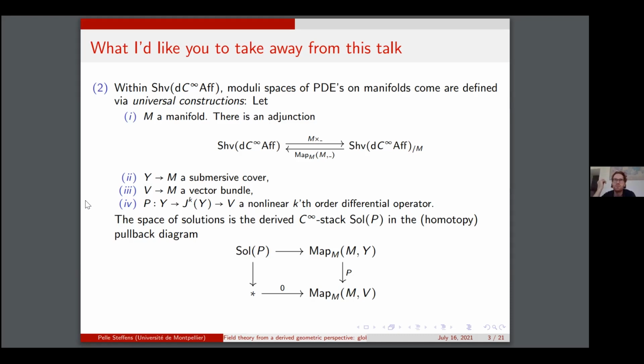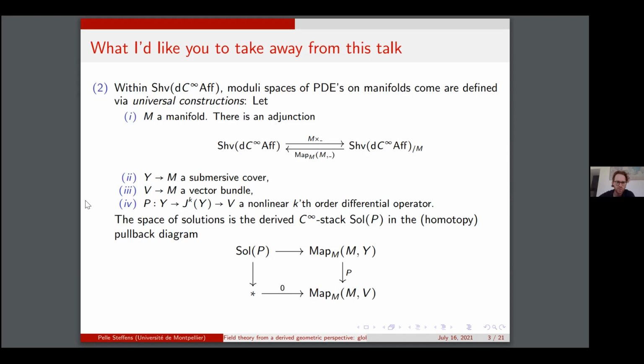Yeah, because taking pullbacks commutes with taking the underlying topological space of these stacks somehow. Okay, the reason I'm asking is that many years ago I looked at an example where I took the Yang-Mills equation and computed this kernel of the Yang-Mills operator, not as derived stacks but as non-derived stacks. There it was very important, at the zero point where you pick out the kernel, to take the stabilizers of the zero point into account.